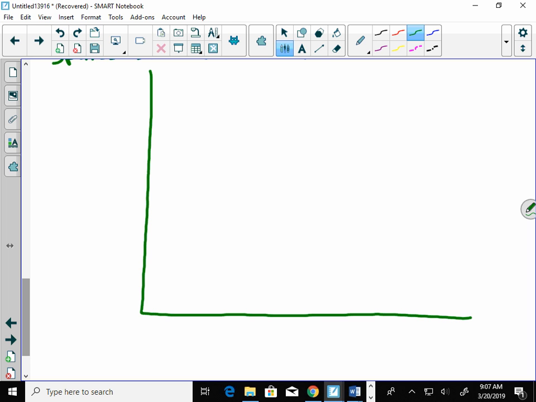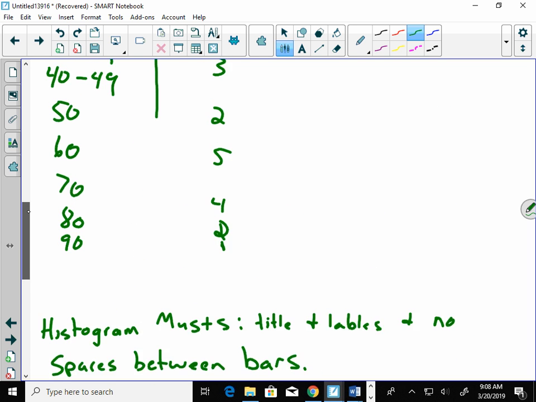Now my intervals were going up by the tens, right? So my first group was from 0 to 9, 10, 20, 30. Okay. And my intervals range anywhere from 0 to 5.